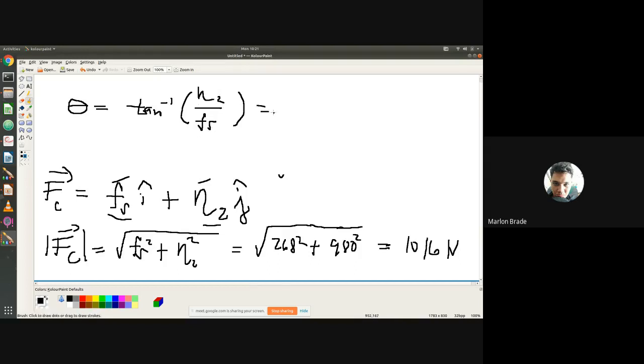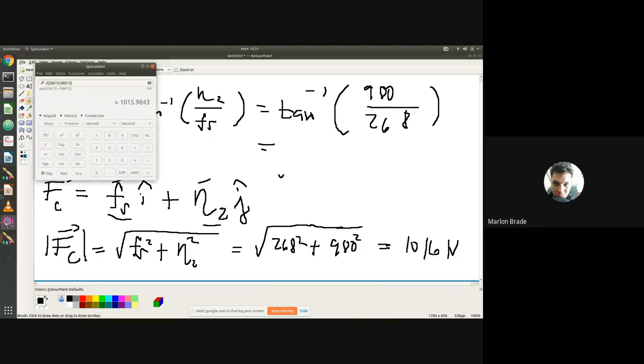And this is the tangent inverse of N2, which is 980, divided by Fs, which is 268. So what is the angle? 980 divided by 268.